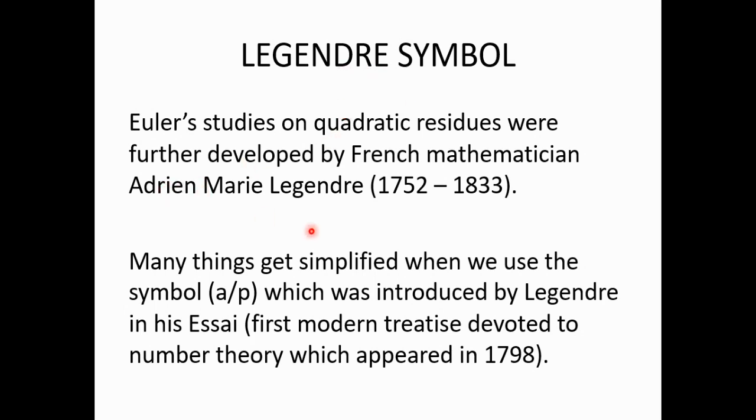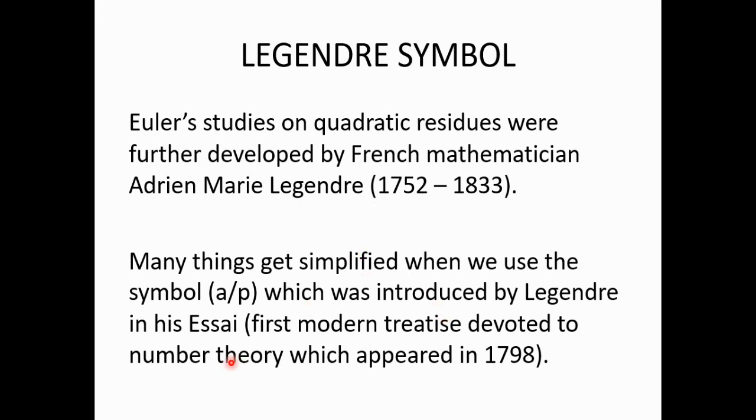Euler's studies on quadratic residues were further studied and developed by the French mathematician Legendre. We have already seen many results given by Euler in number theory, and in quadratic residues also we have seen results by Euler. So those studies of Euler in quadratic residues were furthered by Legendre.